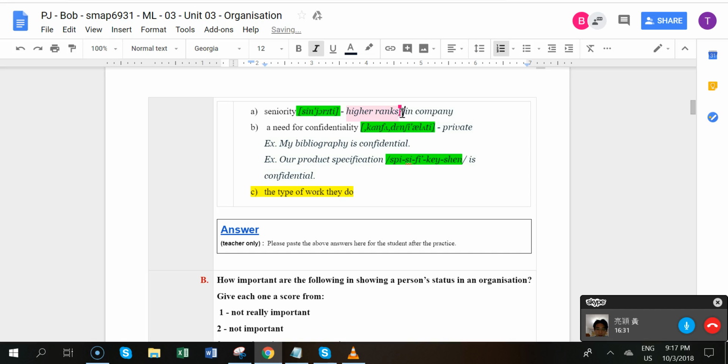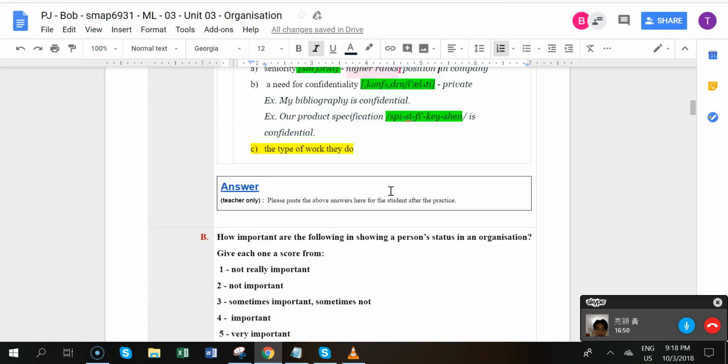Another word for rank is position. For example, you are a manager, then you are in a higher position or a higher rank. Okay, so now let's move on to letter B.